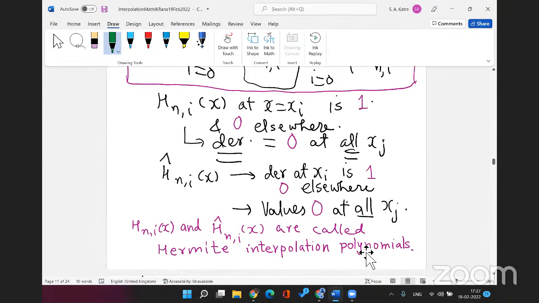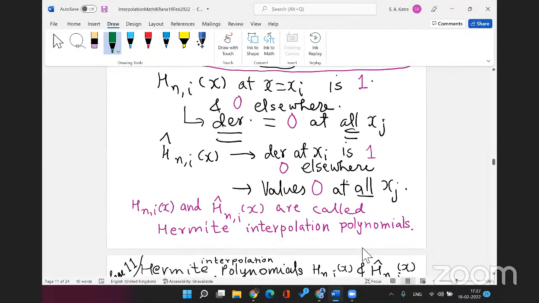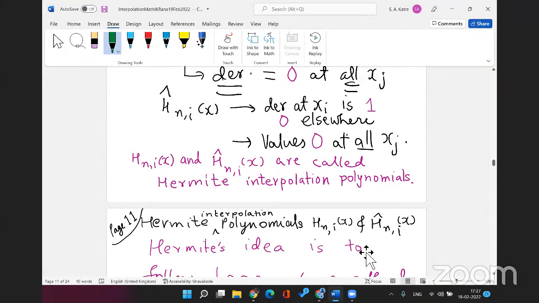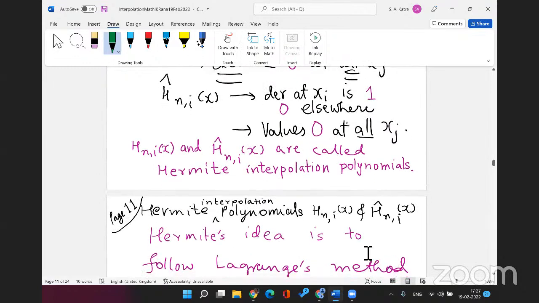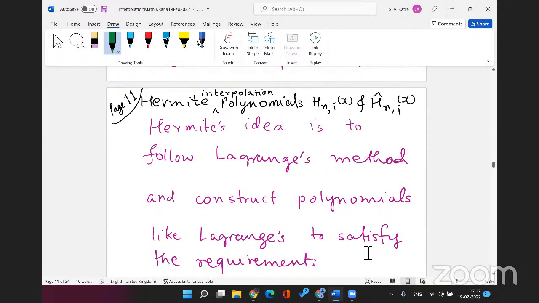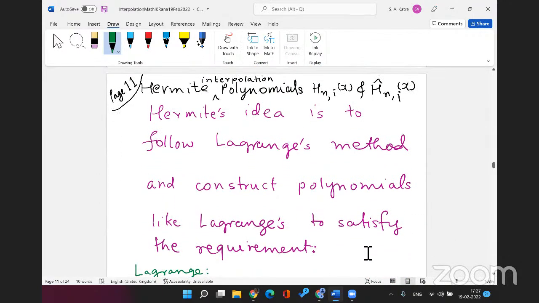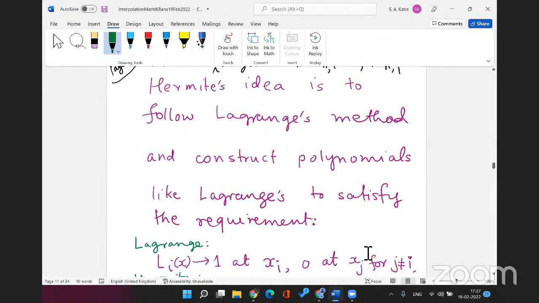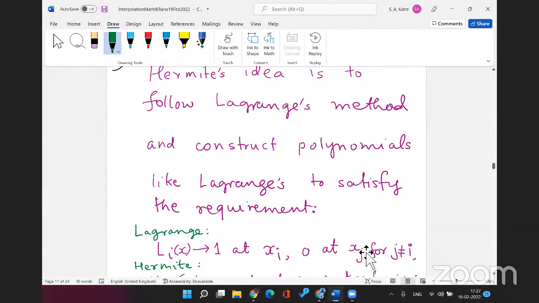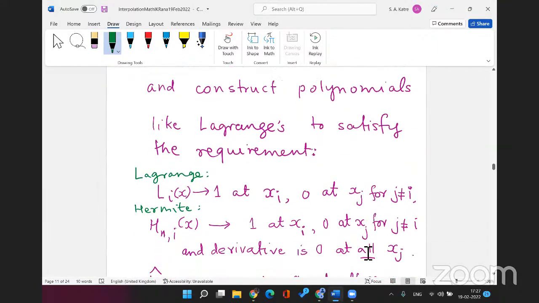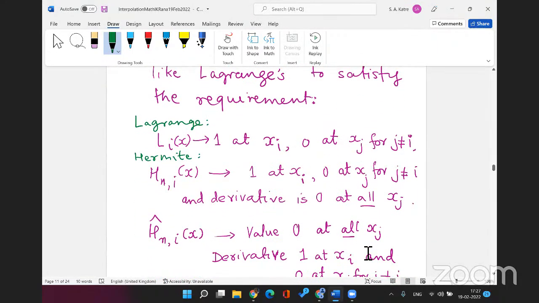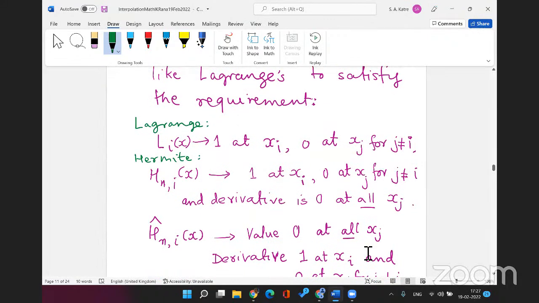Hermite was able to find these polynomials H_{n,i}, and these can be obtained by some trial. Hermite's idea is to follow Lagrange's method and construct polynomials like Lagrange's to satisfy the requirements. Lagrange had Li equal to 1 at xi, 0 at xj.